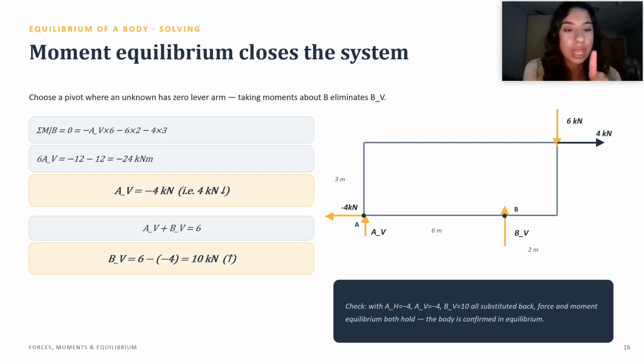If we have AV, and we multiply that by 6, we get 6 AV. And in this one, we are going to take counterclockwise to be positive, okay? So we're going to have negative AV times 6.